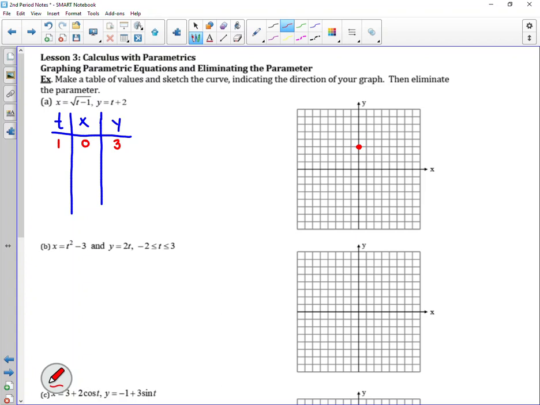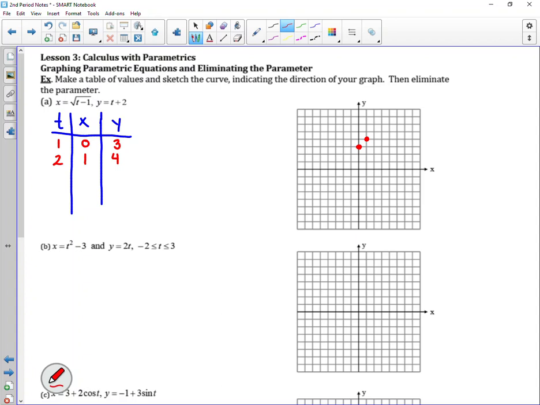At t equals, give me another good number. 2 is good. Let's just keep going in order. At t equals 2, x is 1, y is 4. So then we are at time t equals 2, we're at 1, 4. So this particle is now moved there.